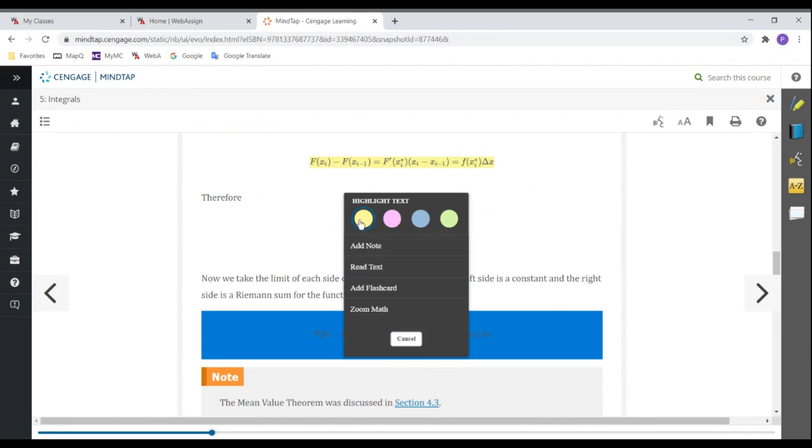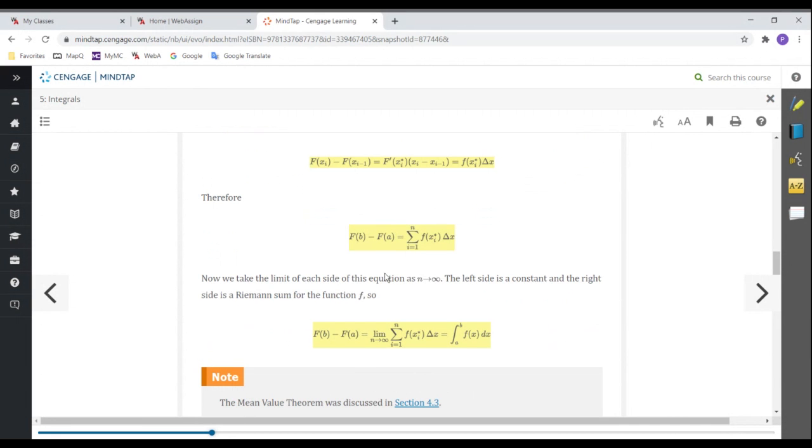And if we take the limit of the Riemann sum, we're going to get the definite integral. And therefore, the definite integral can be computed by finding the antiderivative. Sorry, let me say that again.